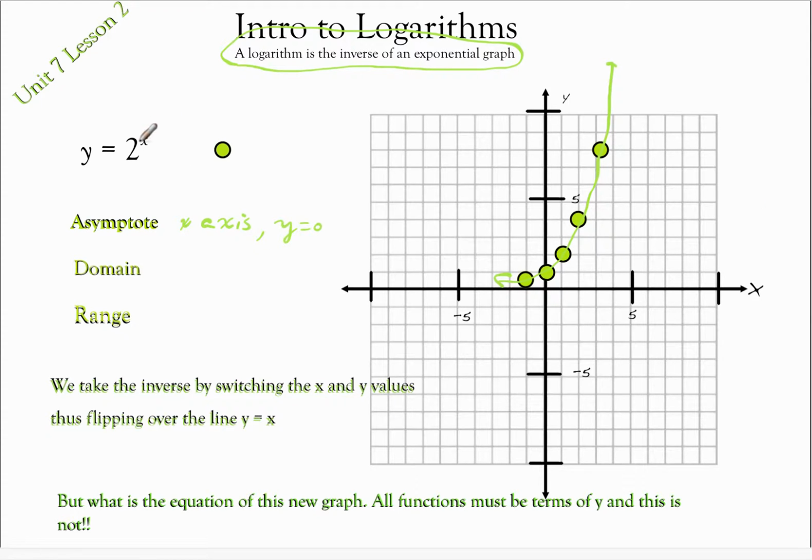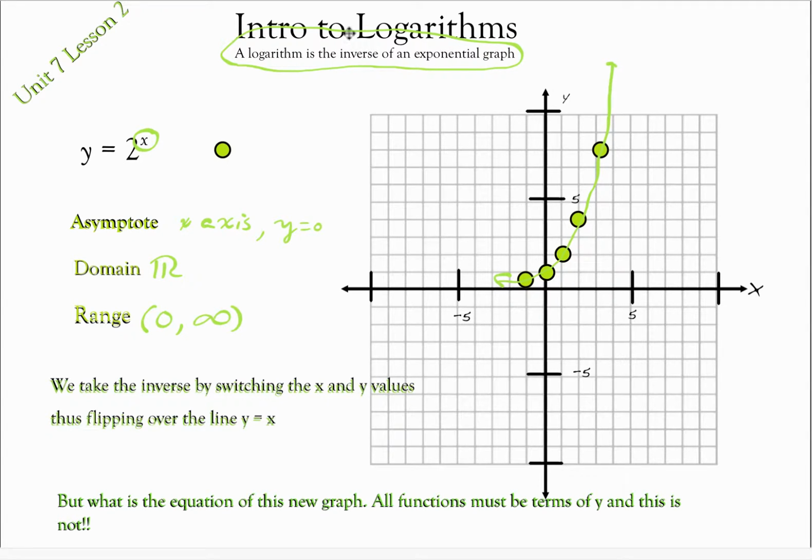A domain would be all reals. I can put any number I want in for x. What's restricted is the range. We can see by our picture that our range gets very close to the lowest number 0, and then our graph grows and goes on to infinity.